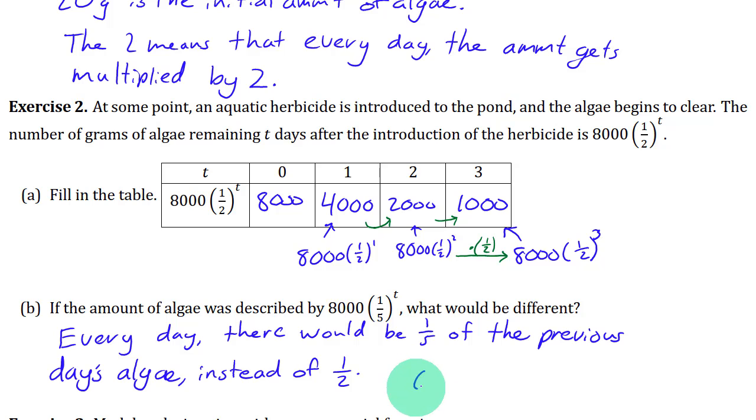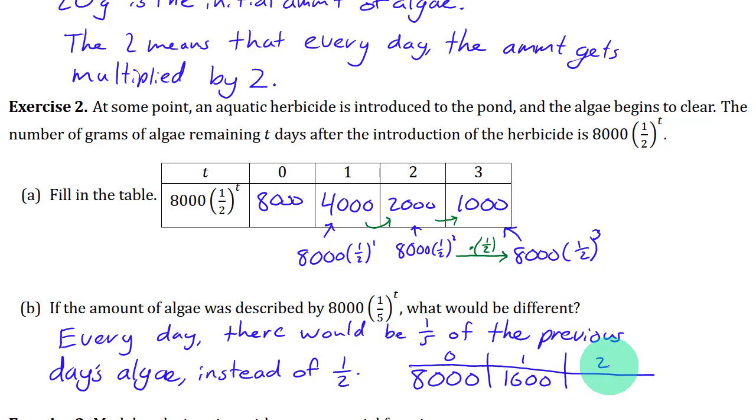It would be going from 8,000 at the start when t is 0. Make a little mini table here. And then after 1 day, 1/5 of 8,000 would be, I'm having a brain fart. What's 1/5 of 8,000? Would be 1,600.